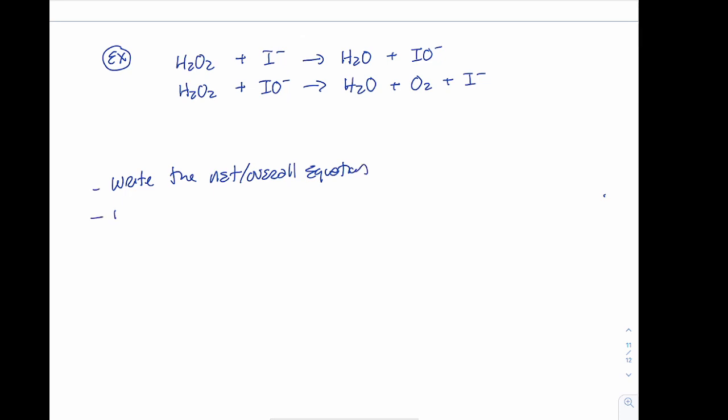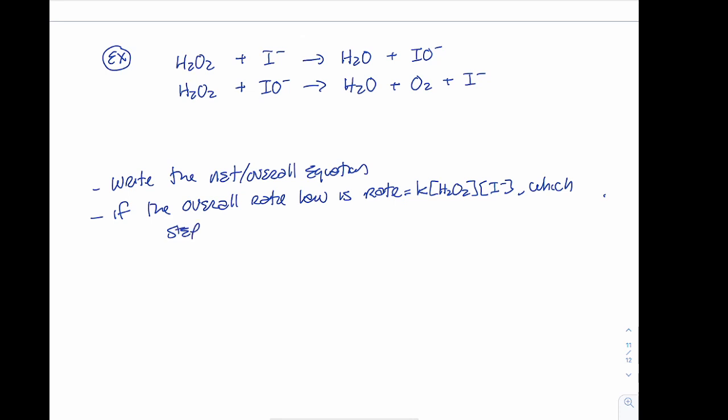And then if the overall rate law is rate equal to K multiplied by the concentration of hydrogen peroxide multiplied by the concentration of iodide, which step is the rate determining step?